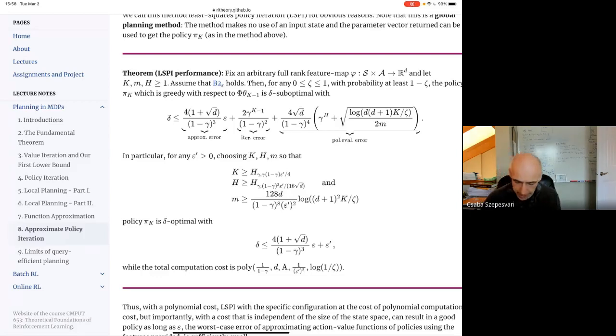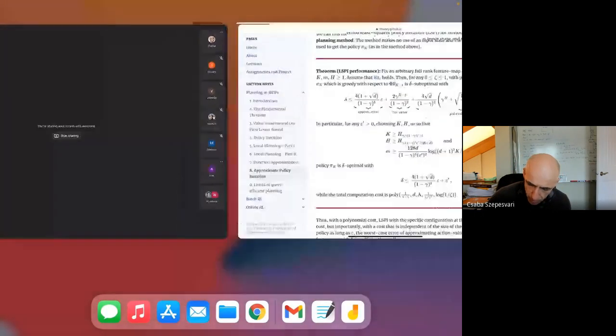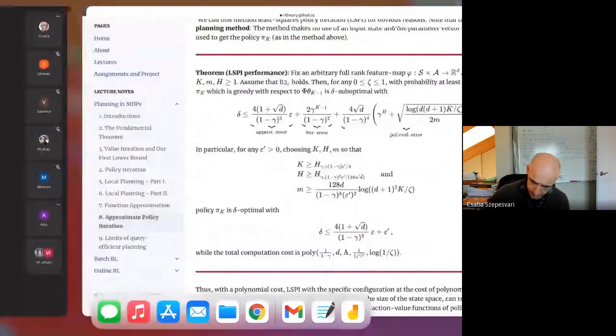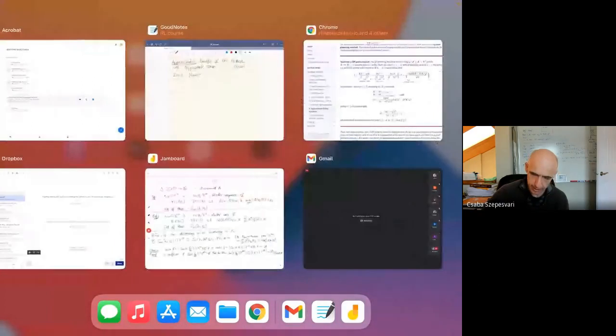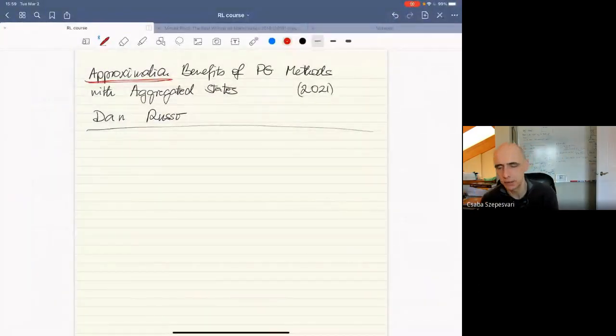So that's where Dan's paper comes in. The paper doesn't start with the lower bound, but one section in it is a lower bound. So there is a lower bound for API.